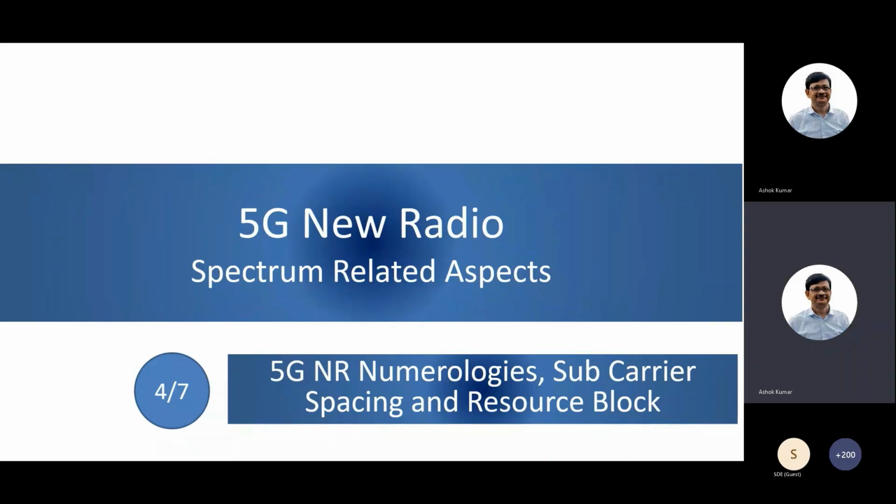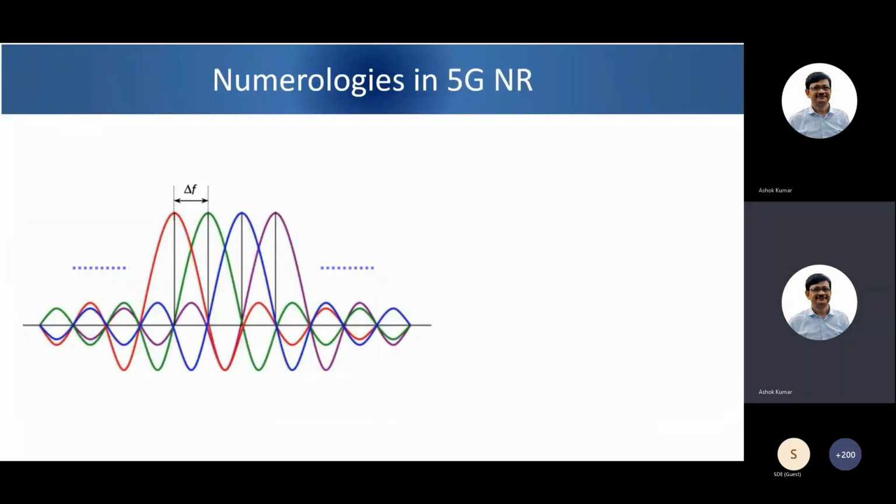Okay, let us look at the concept of numerology, subcarrier spacing, and resource block in 5G. So what is numerology in 5G? Let us first understand. There is a concept called numerology. It's a simple concept, but by name you may get confused.